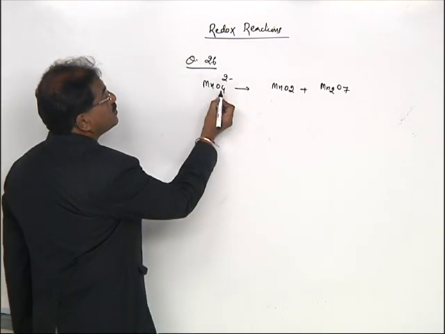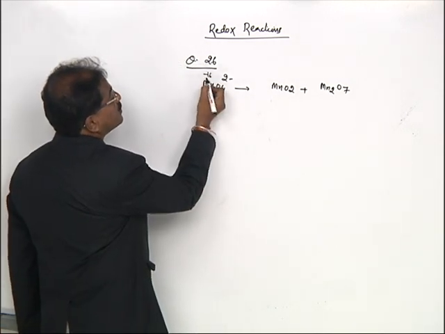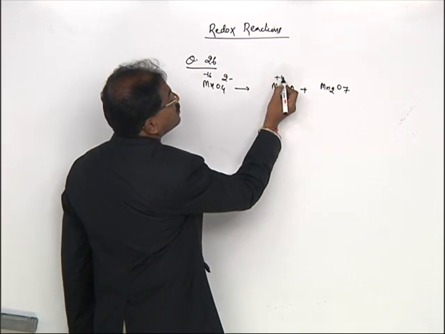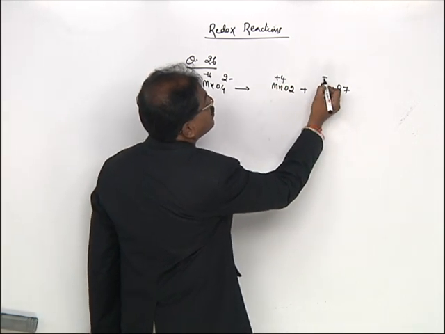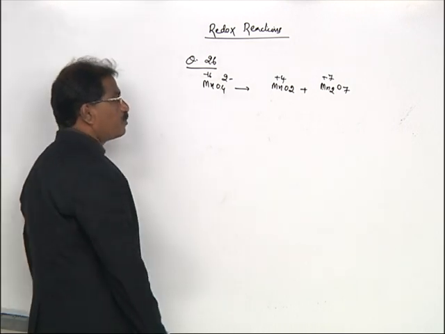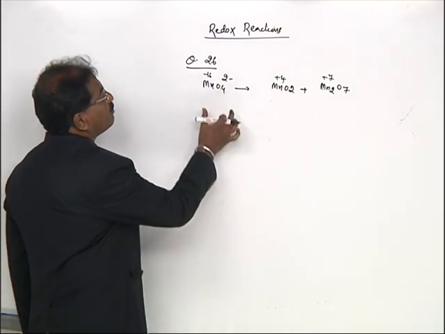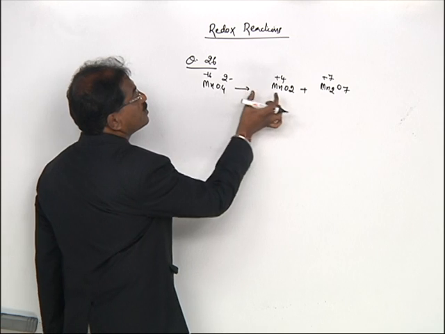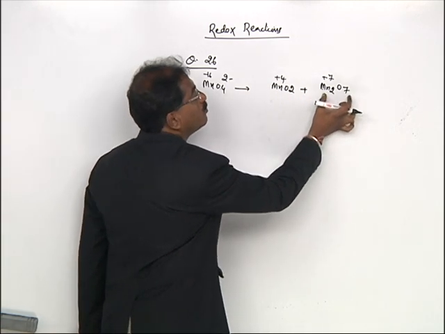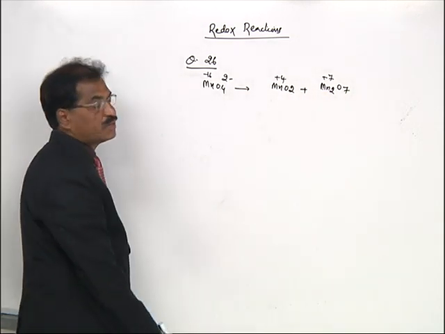Here the oxidation state of the manganese is plus 6, here plus 4, here plus 7. In this disproportionation reaction, 1 mole of MnO4 2 minus produces how many moles of MnO2 and how many moles of Mn2O7? That aspect we have to find out.